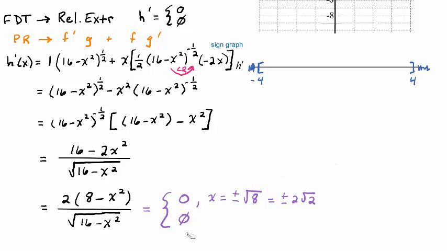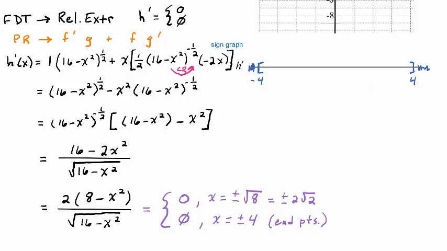And this will be undefined at x equals plus and minus 4, which are the endpoints of our interval. And remember, we can't plug in anything beyond those because it would be out of the domain. So now we are ready to put our critical numbers onto the sign line graph.